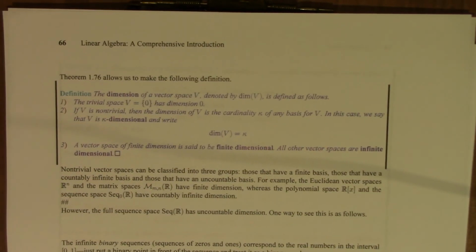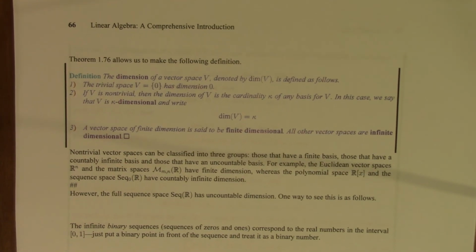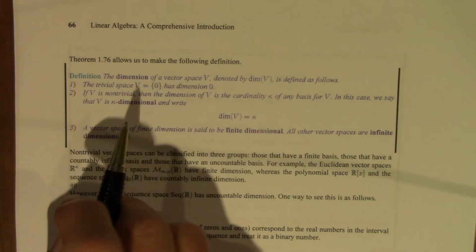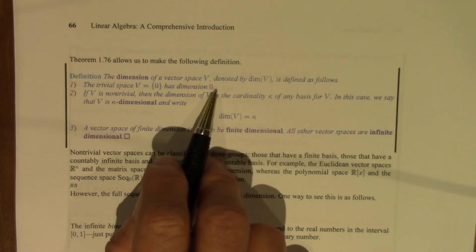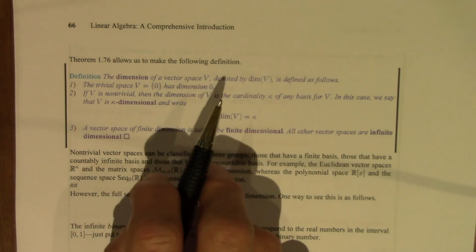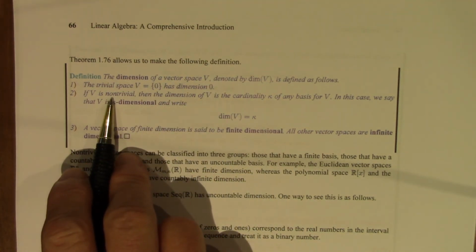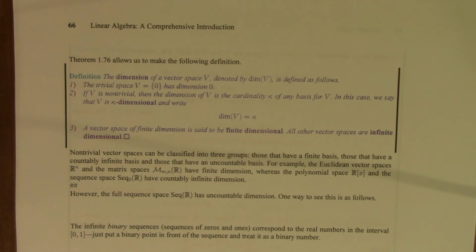Well, that is just the result we need in order to define the dimension of a vector space. The trivial space, by definition, has dimension 0. If V is non-trivial, then its dimension is the cardinality of any basis, because they all have the same cardinality, so we can take any basis.